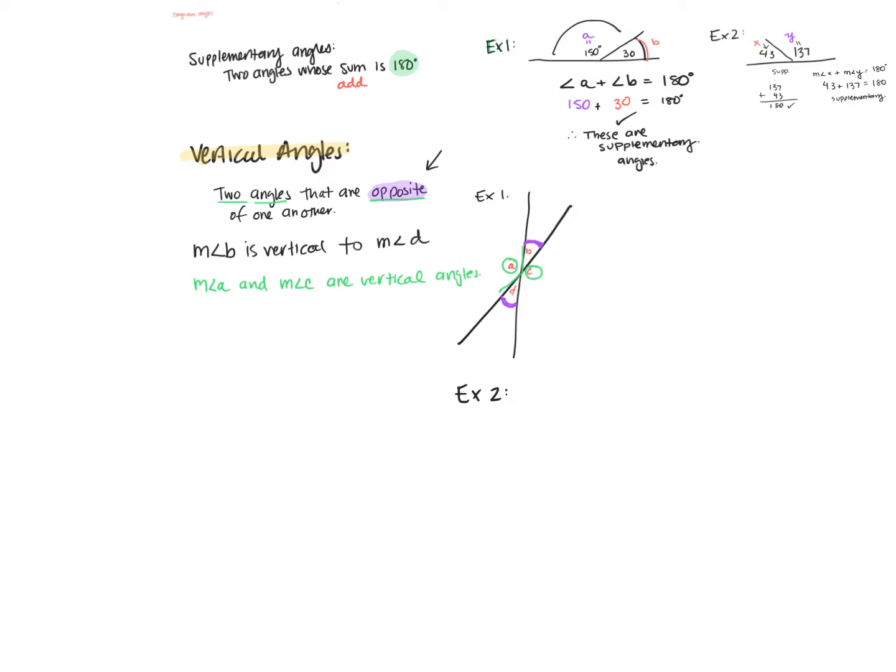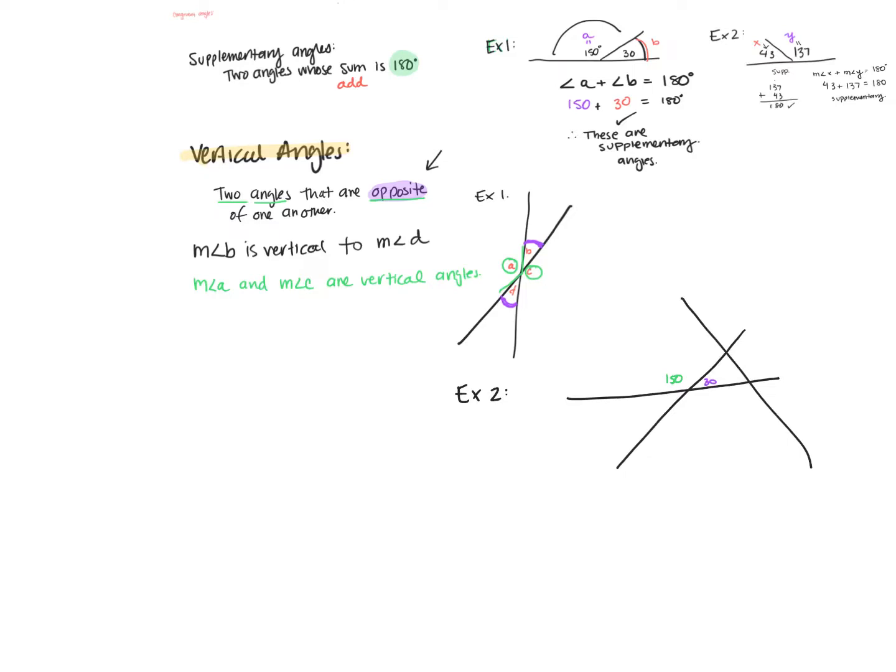Okay, example 2. So let's make this right here, and then maybe you could have another line. It's no big deal. You have a bunch of angles everywhere, right? So let's give these numbers. Let's say this is 150 and this is 30, because what do you notice?